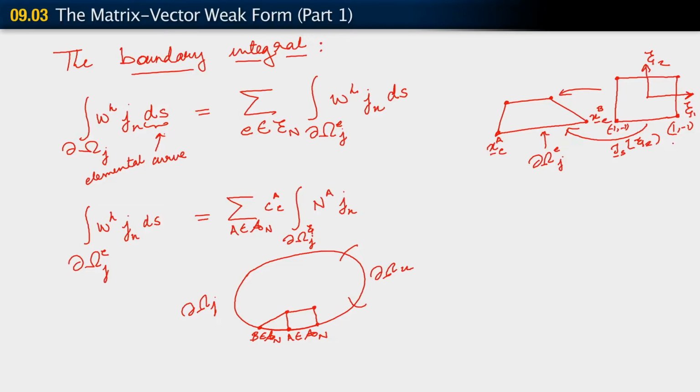In particular, we did talk about in the case of the 3D problem, we said that if the edge were not aligned with one of the coordinate directions, or one of the basis vectors in two-dimensional space, such as this case, that edge, partial omega e sub j, is not quite aligned with the e_1 vector.